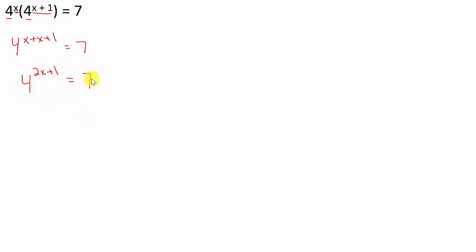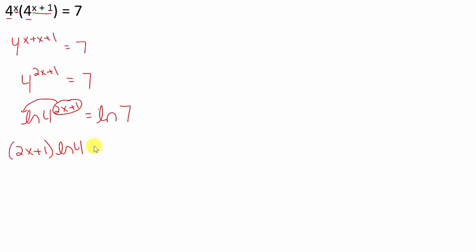There are a couple of different methods you can use to solve this. I can take the natural log of both sides, or the regular log, it doesn't matter. That allows me to take this out of my exponent and move it to the front. So that would be 2x plus 1 times the natural log of 4 equals the natural log of 7.